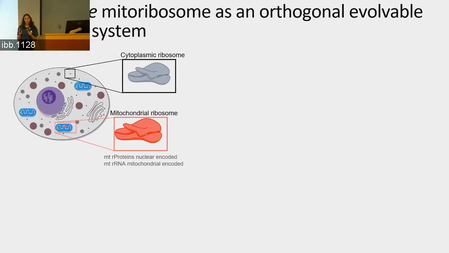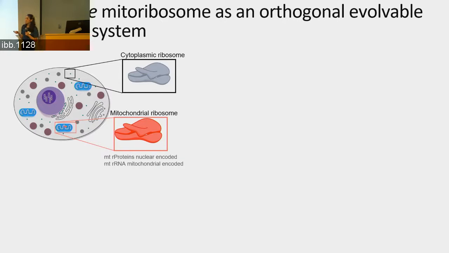Saccharomyces cerevisiae are a type of budding yeast. And as eukaryotes, they have cytoplasmic ribosomes and ribosomes in their mitochondria. These mitochondrial ribosomes have their RNA mitochondrially encoded, but their proteins in the nucleus.